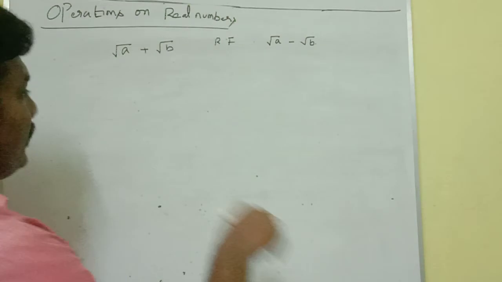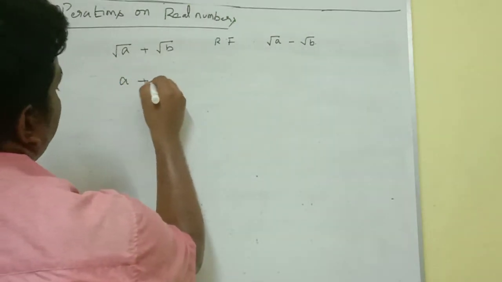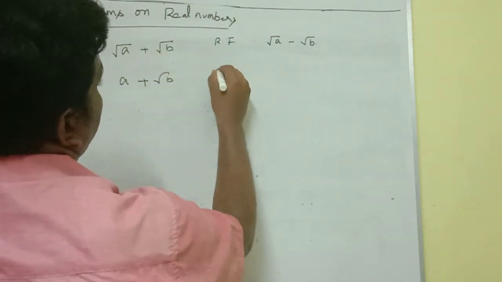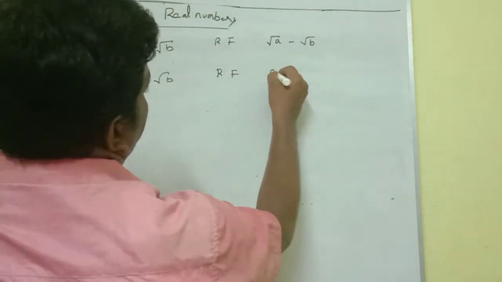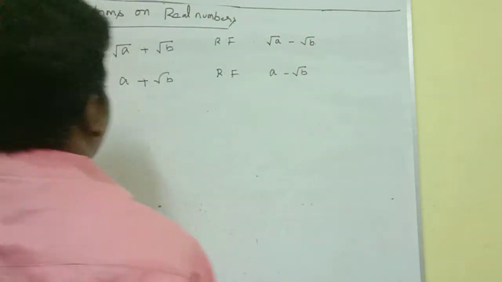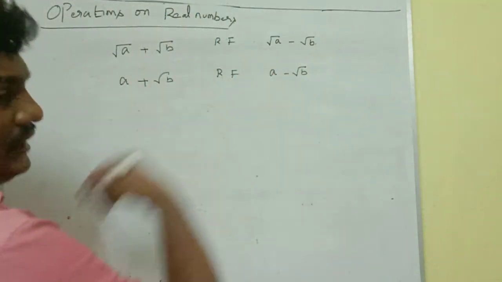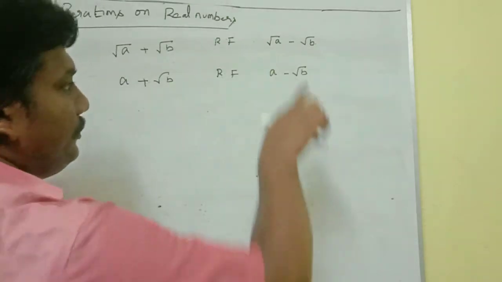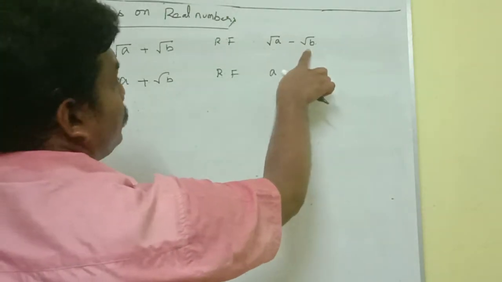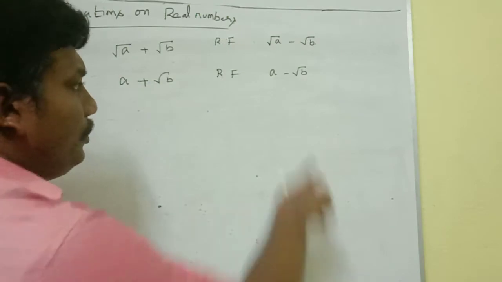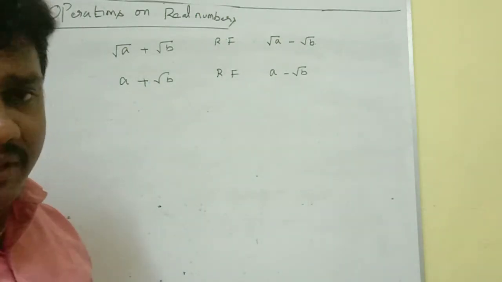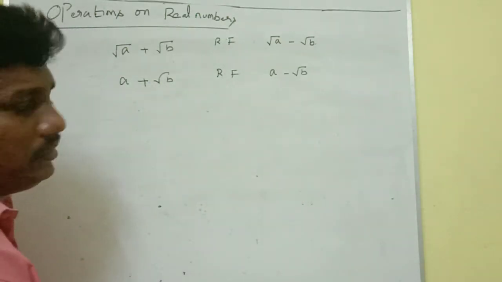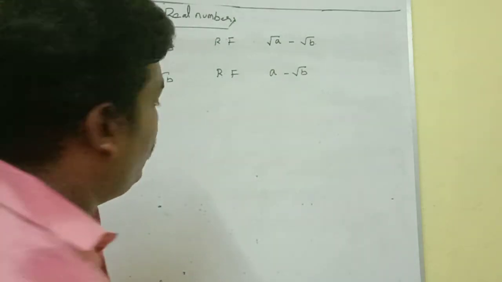If an irrational number is in the form of a plus root b, then its RF is a minus root b. And it is also vice versa. If the given number is root a minus root b, then its RF is root a plus root b. Vice versa is also possible, because both are in the product condition now.